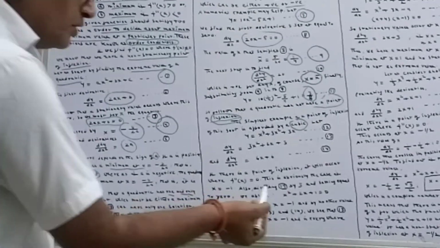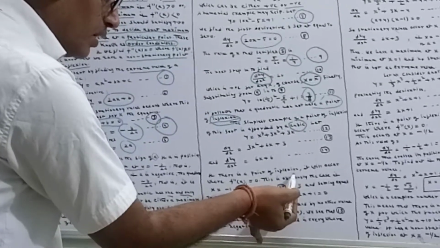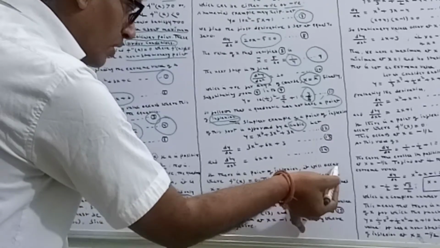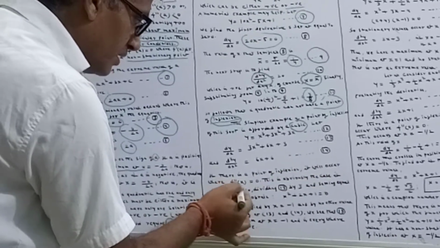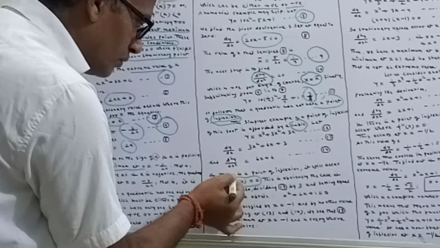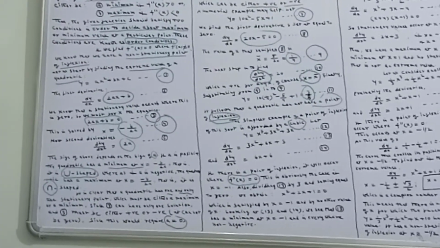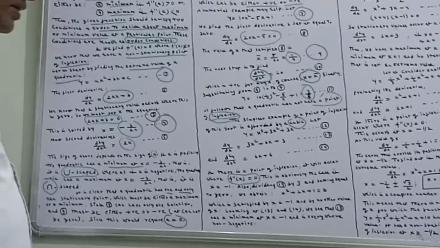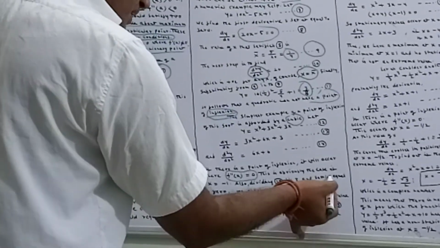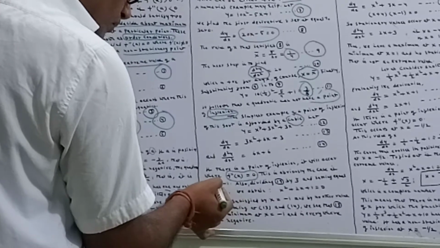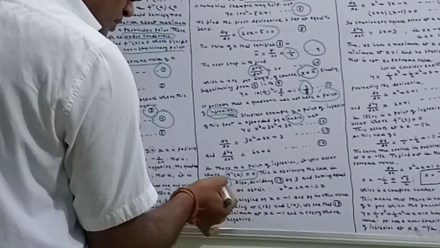If there is a point of inflection, it will occur where the second derivative is equal to 0. This is obviously the case if x equals minus 1.